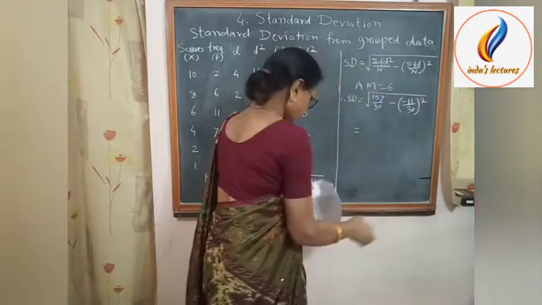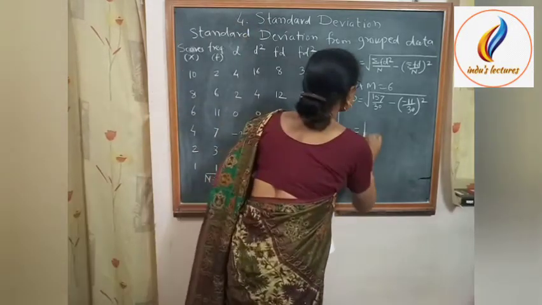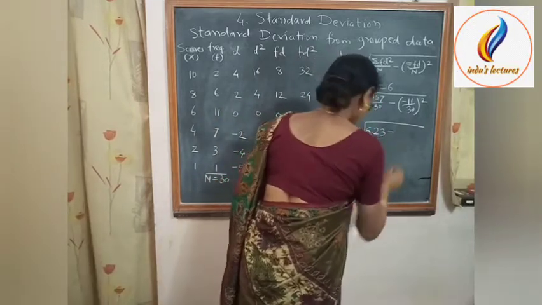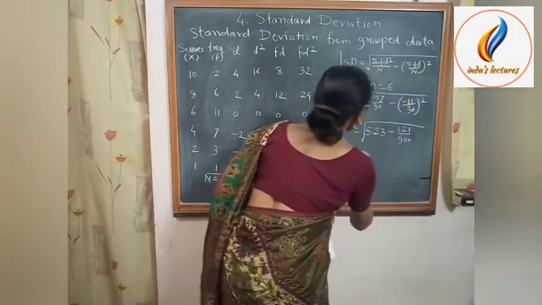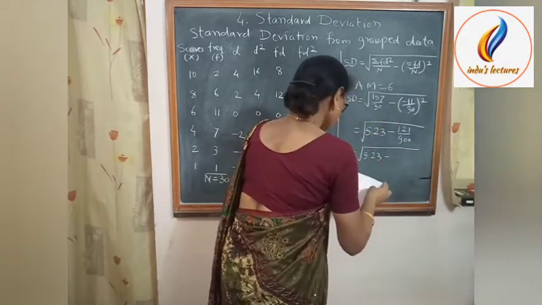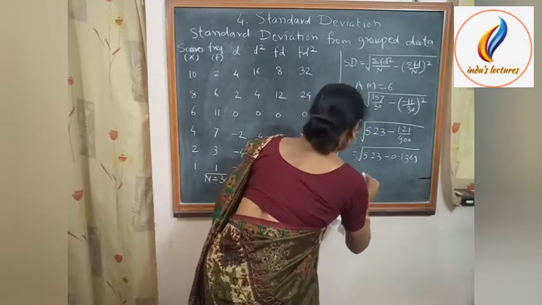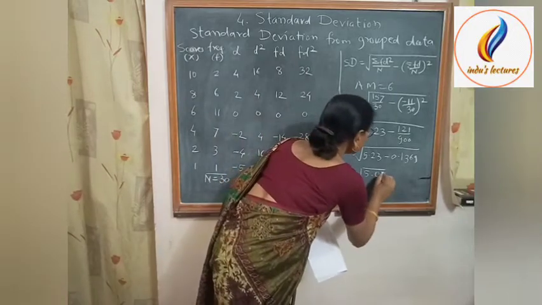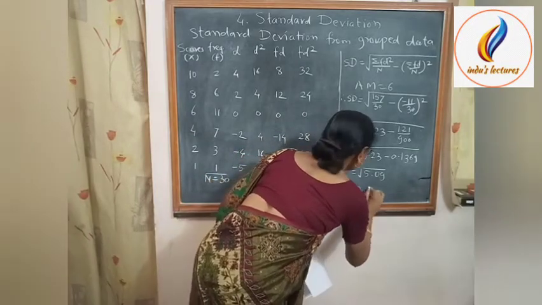Now calculate the values. 157 upon 30 is equal to 5.23 minus 121 upon 900, which is equal to under root of 5.23 minus 0.1369, which is equal to under root of 5.093, or we can take only 5.09, which is equal to 2.26.